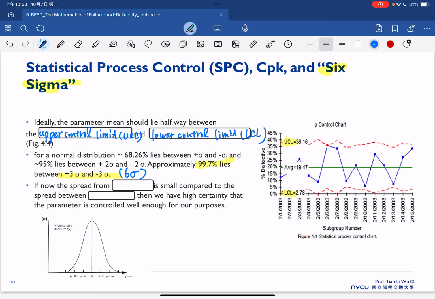So in the end, we hope our data or performance or the spread of our parameters should be inside this 6 sigma here.